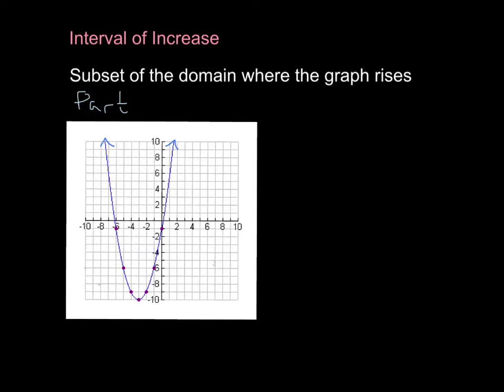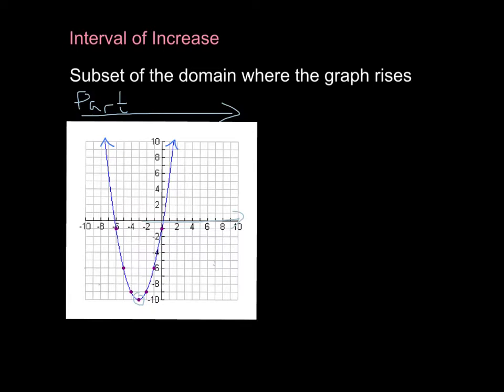So we're looking, remember, like we're reading, so everything's going to go from left to right. So we're looking for intervals where, going from left to right, the graph increases. And we can tell by looking at this that we've got a parabola, and it's starting here at negative 3 that the graph starts to rise. So we've got this interval that covers from negative 3 and going on into infinity.